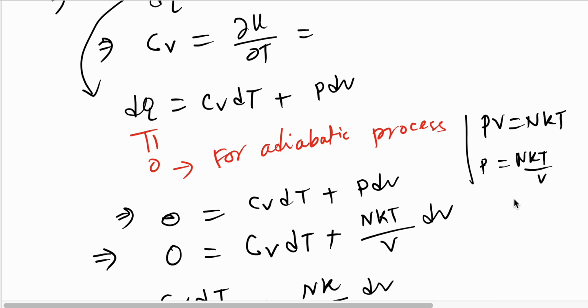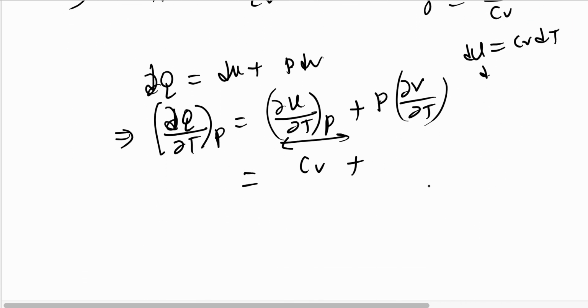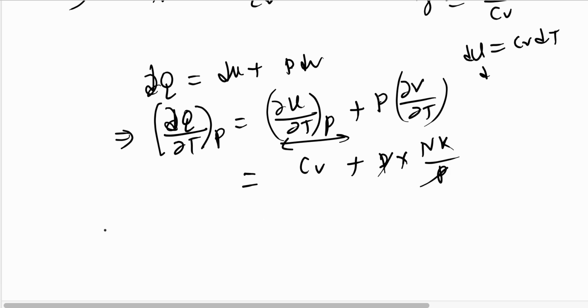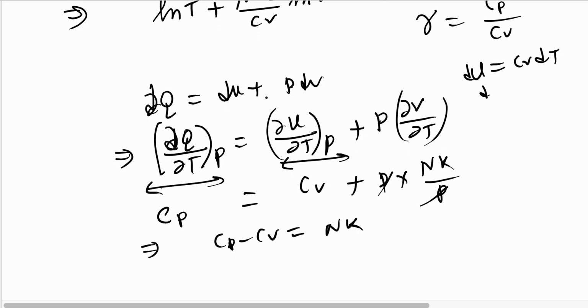From this relation, V is equal to nkT by P. Now del V by del T at constant pressure will be nothing but nk by P. Now if I put it there, P times nk by P is nk, and that is nothing but Cp minus Cv, so Cp minus Cv equals nk.